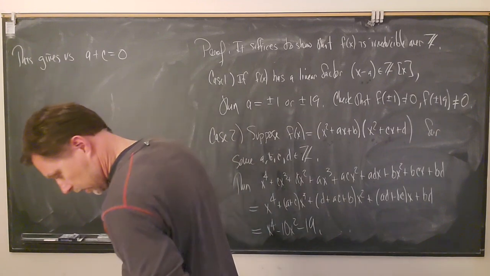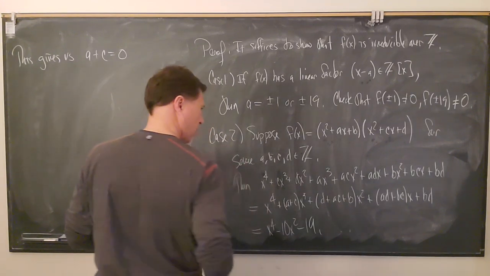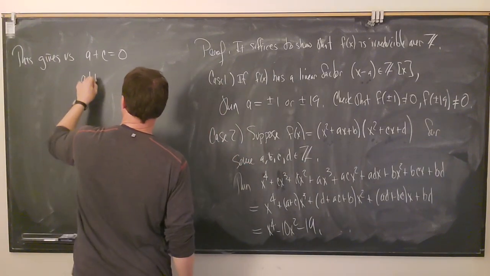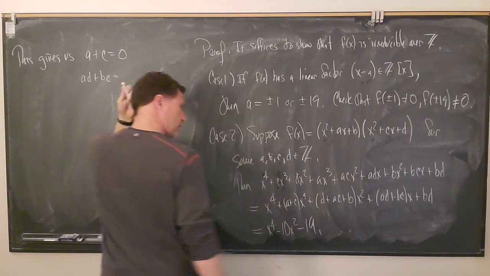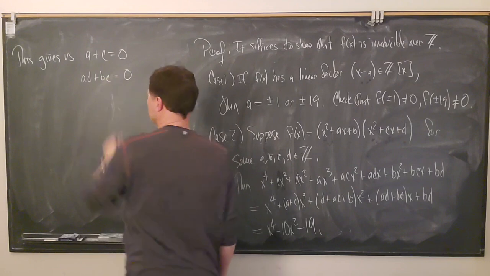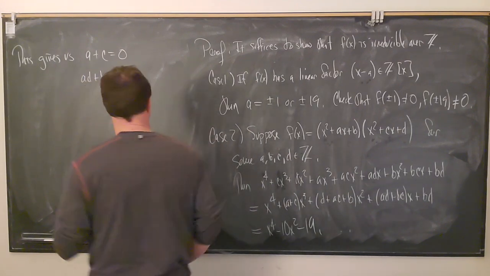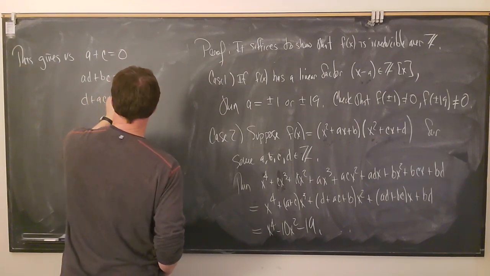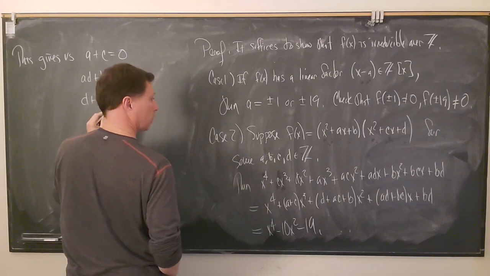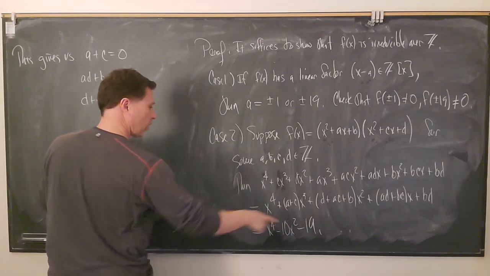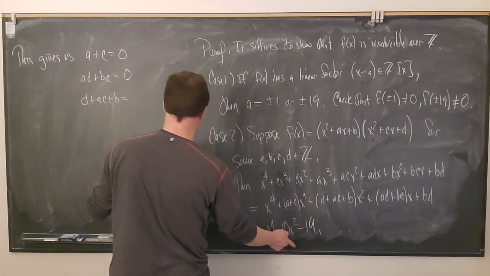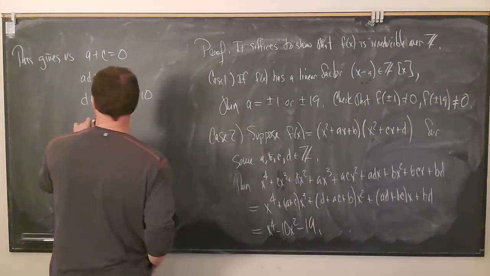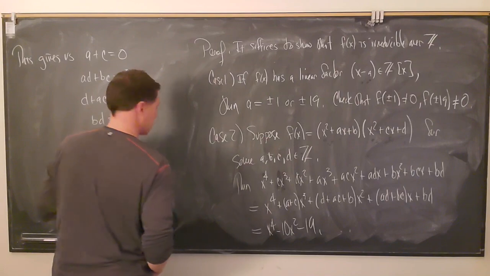Then ad plus bc, the degree 1 term, also has to equal 0. d plus ac plus b, the middle one, has to equal minus 10. And then bd has to equal minus 19.